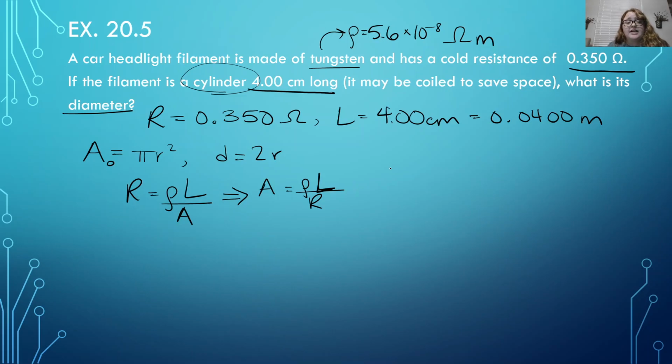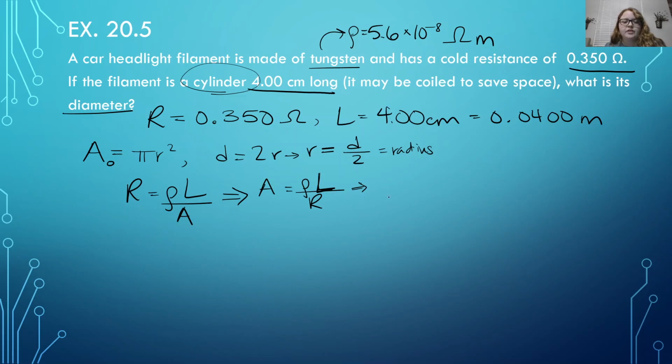And we can start plugging in now, or we can hold off. I'm going to hold off. Let me actually put this into another term. So we've got r is equal to D over 2. So this is our radius. But we're looking for the diameter of that filament.